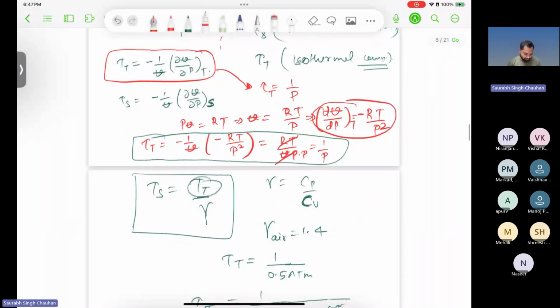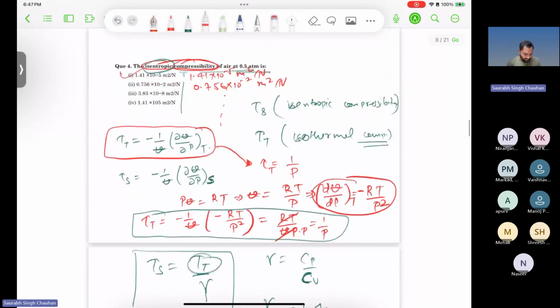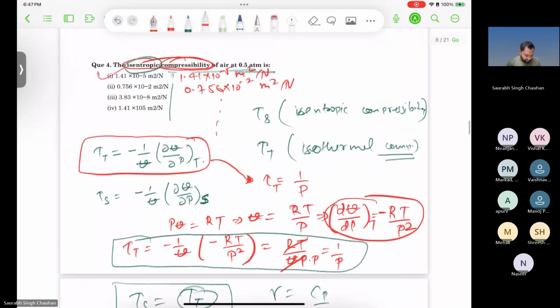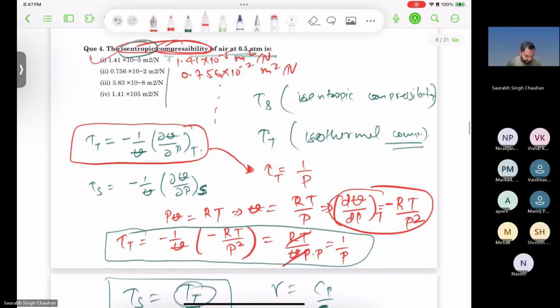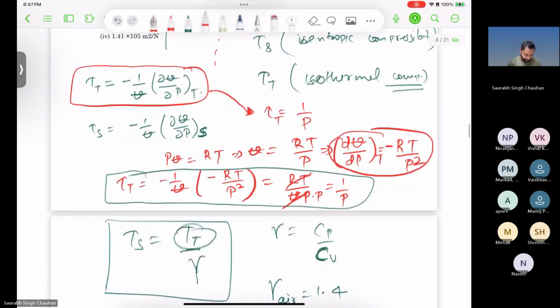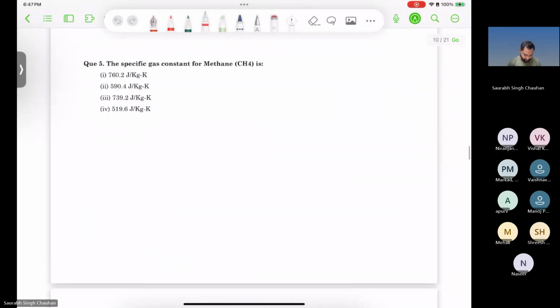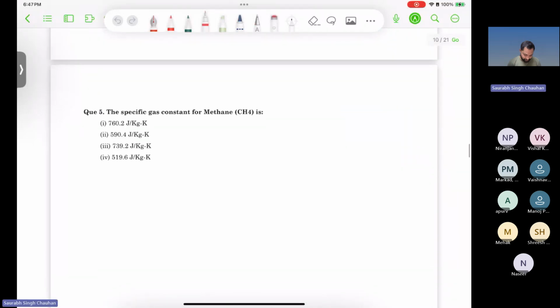This will be used very frequently when we discuss compressible flows. If there is any doubt, then please ask, or if there is no doubt, then we can move to question number 5.